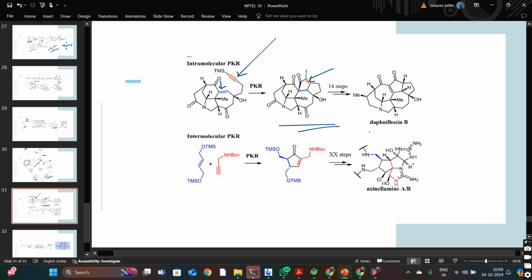For example, this is used in the total synthesis of daphnylonine B. And in case of the total synthesis of xylamine A and B, again Pauson-Khand reaction is used between this alkyne and this alkene to get this cyclopentenone fragment. So this is how the Pauson-Khand reaction takes place.